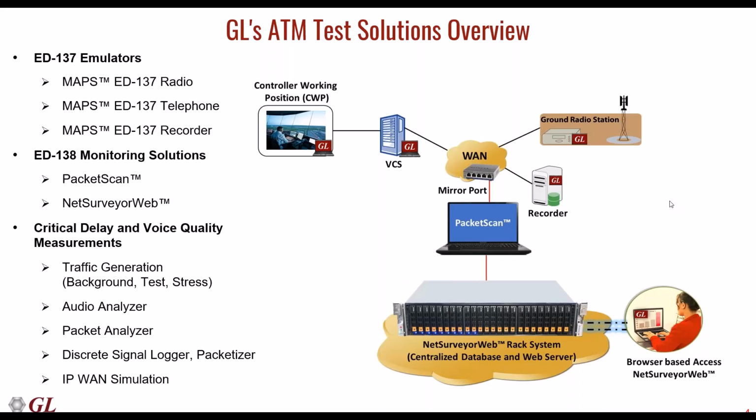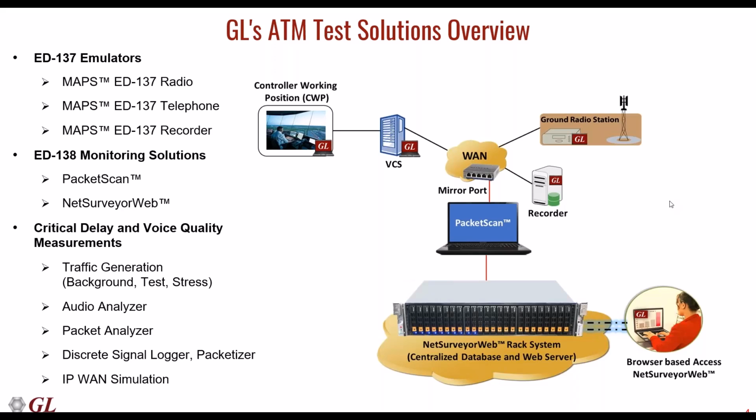It is not possible to replace everything in one go. All of this requires very stringent testing, so that we adhere to the delay and voice quality standards specified by the specifications, so that the voice communication is good enough for the ATC community.